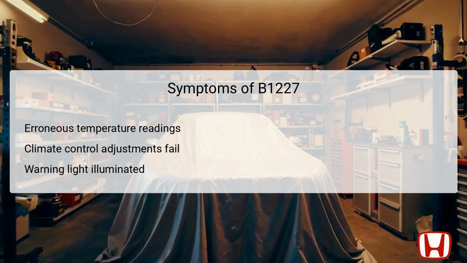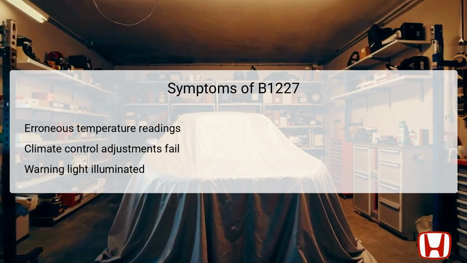Additionally, the climate control adjustments may fail entirely, meaning that the occupants cannot modify their environment effectively. Furthermore, the warning light for error codes may illuminate on the dashboard, indicating a problem within the vehicle's electronic systems. Recognizing these symptoms early is crucial, as they can impact driving comfort and can signal the need for repairs to prevent further damage.